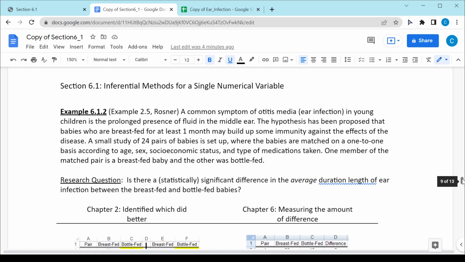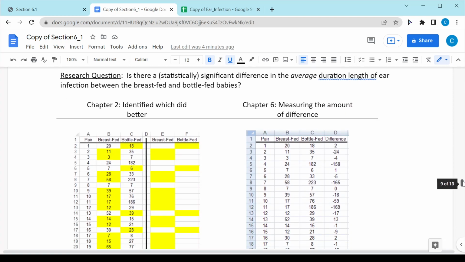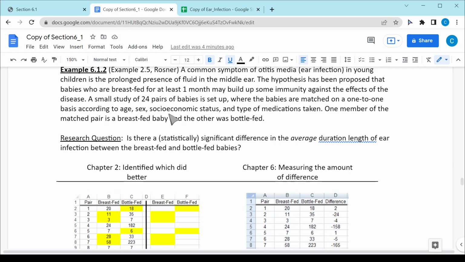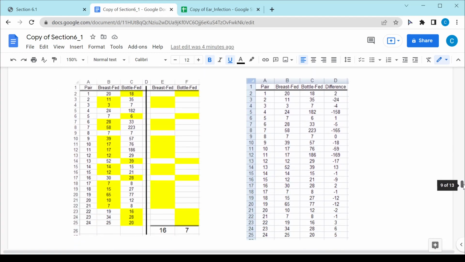Again, we paired the babies up according to different socioeconomic variables, things like their age and whether or not they had access to health care and the types of medications, etc. What we did back before was just look at a comparison between breastfed and bottle-fed, and keep a tally of how often the breastfed babies won out, which was 16 times, versus how often a bottle-fed baby won out, which was 7 times.